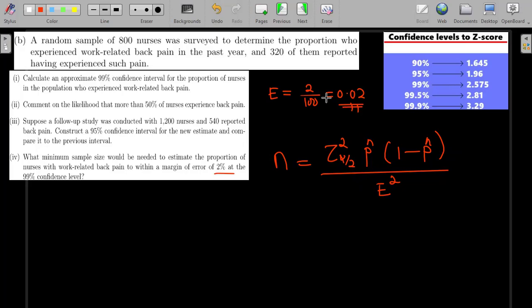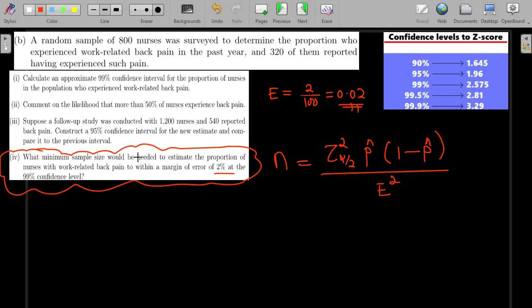And then what else do we need? We need the proportion. On this question, we have not been explicitly told which proportion to use.